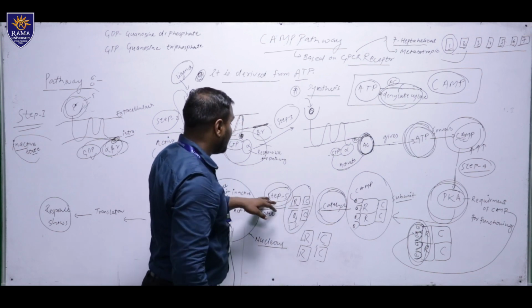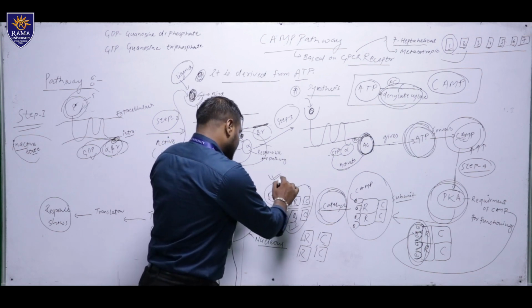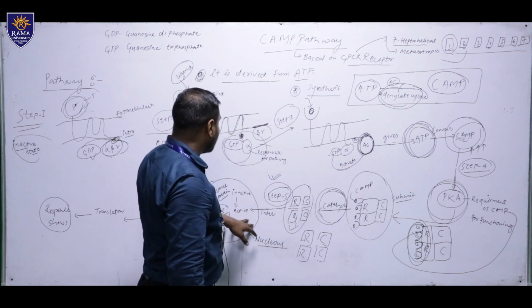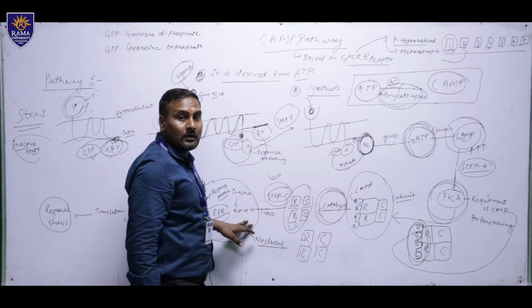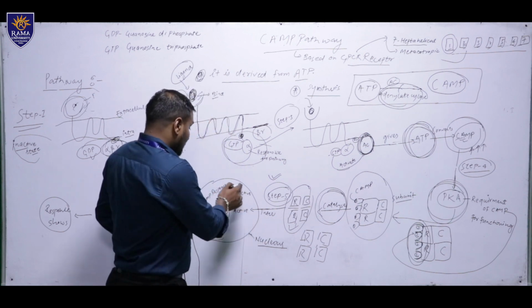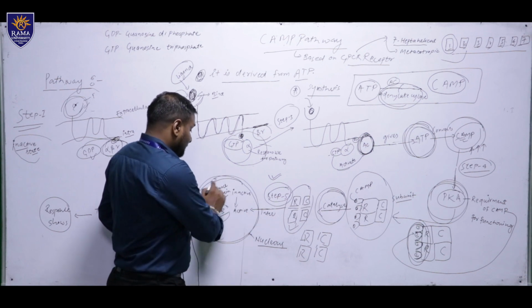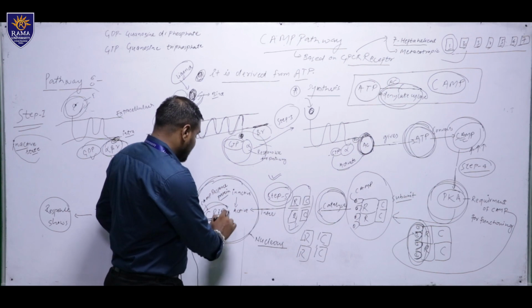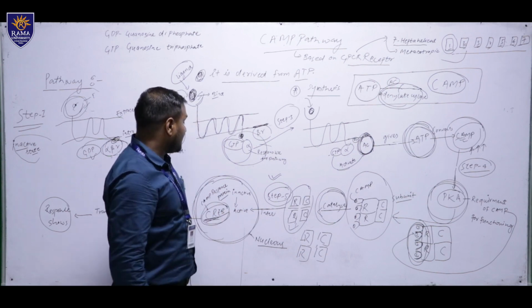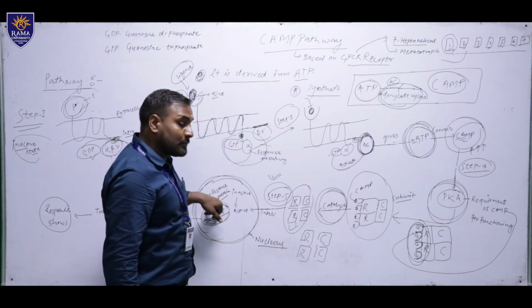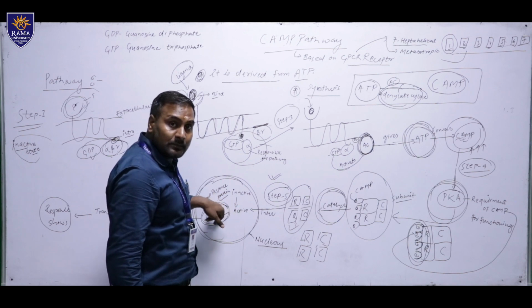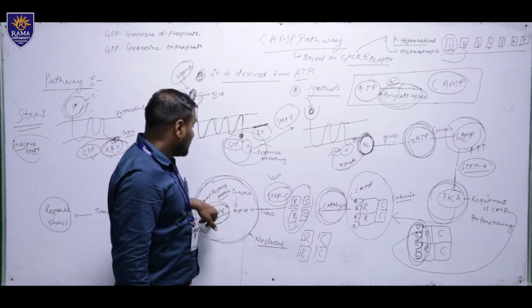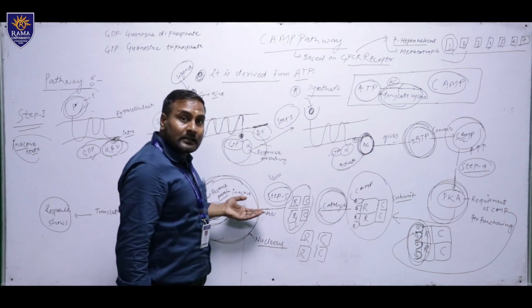And then after that, step number 5, it enters the nucleus. In our nucleus the CREB molecule is present, which is the cAMP response element binding protein, which is in an inactive state.